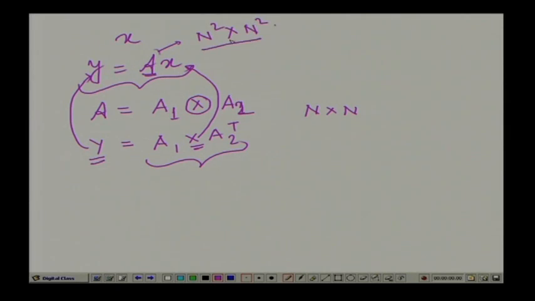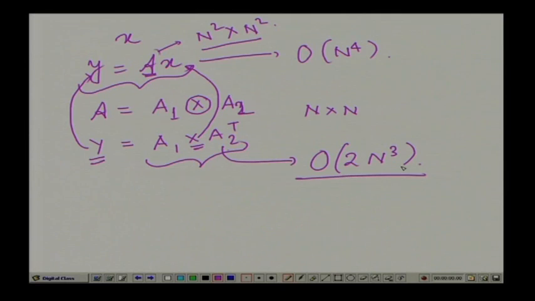So, there are a total of n to the power 4 elements, and the amount of computation that you have to do in this case will be of order n to the power 4. But because this transformation A is separable and can be represented as the Kronecker product of A1 and A2, this operation can be obtained using order n cube operations. So, this again says that if a transformation matrix is represented as the Kronecker product of two smaller matrices, then we can reduce the amount of computation. Thank you.